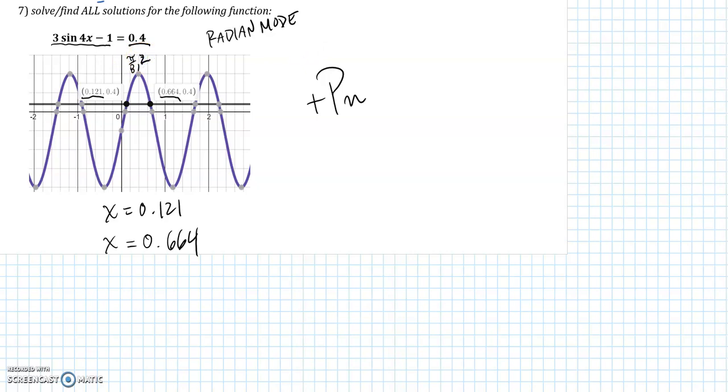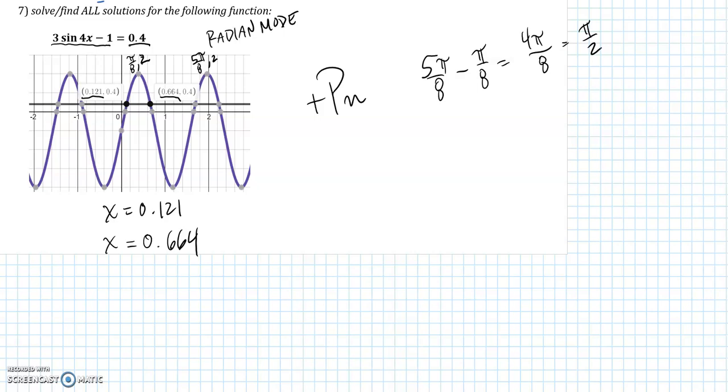Using this data here, pi over 8, 2, and 5 pi over 8, 2 is one way to do that. I can look at the period distance. The max is 5 pi over 8 minus pi over 8. That's 4 pi over 8. That's pi over 2 would be the period.